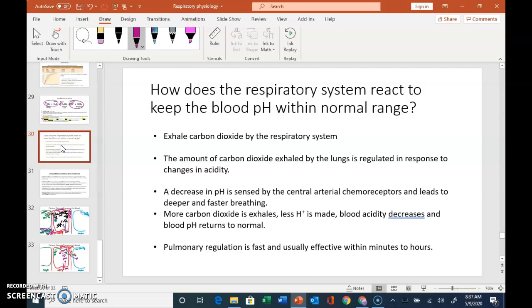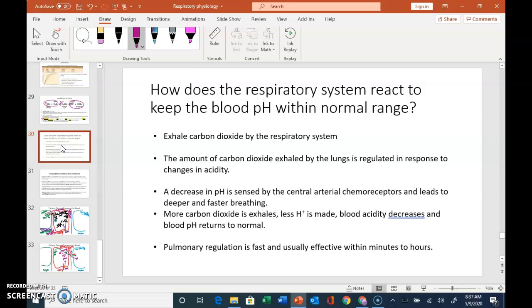As you breathe deeper and faster, obviously you are blowing out more carbon dioxide out of your lungs. So in that case, more carbon dioxide is exhaled, less hydrogen ion is made, and therefore the blood acidity reduces and comes back to normal.